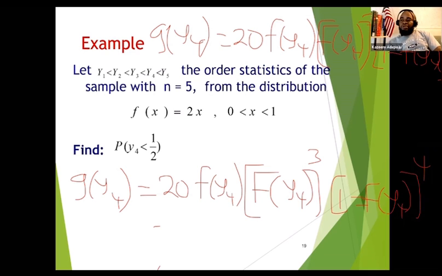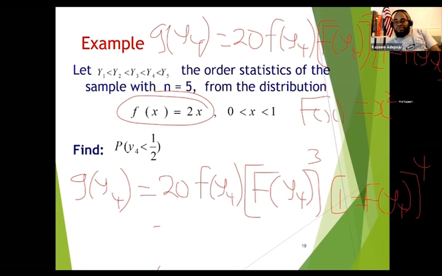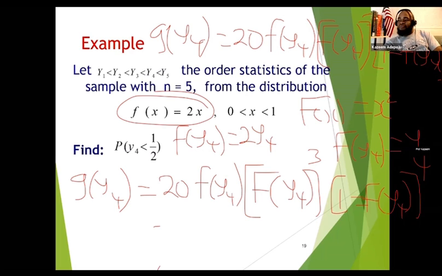But you know what? You've been given that f of x equal to 2x. And if f of x equal to 2x, don't forget your capital F of x is actually going to be x squared. And if f of x equal to 2x, then small f of y4 is going to be 2y4, and big F of y4 is going to be y4 squared.